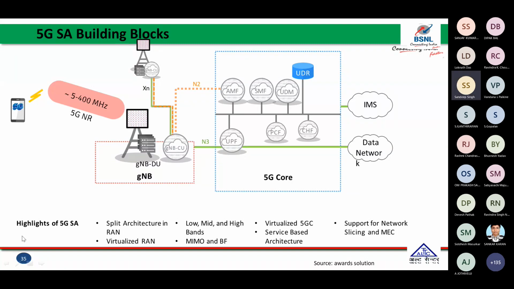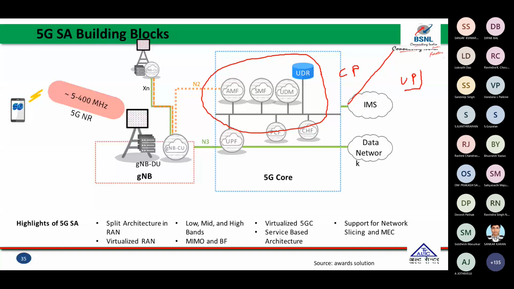The HTTP2 protocol is used for communication between these network functions in the control plane. In 5G, the control plane and user plane are totally separated. In the 5G network there are both types of interfaces.